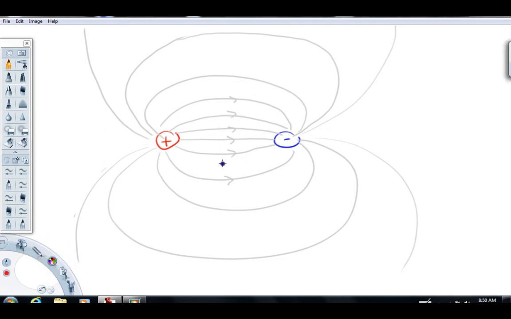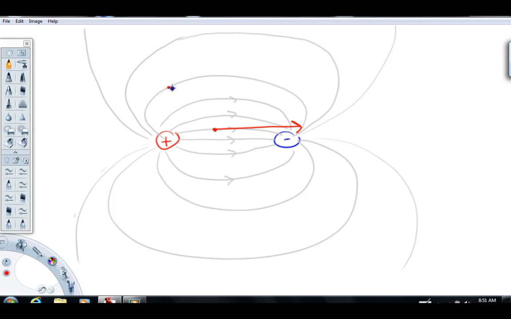So in this region right here, you'll notice that the field lines are very close together. So the electric fields are very strong in this region. So if I were to pick a point like right here, the electric field is tangent to the curve, relatively strong field. If I pick another point, maybe out here somewhere, you notice that the field lines are separated by quite a bit more. That means that the field is weaker.